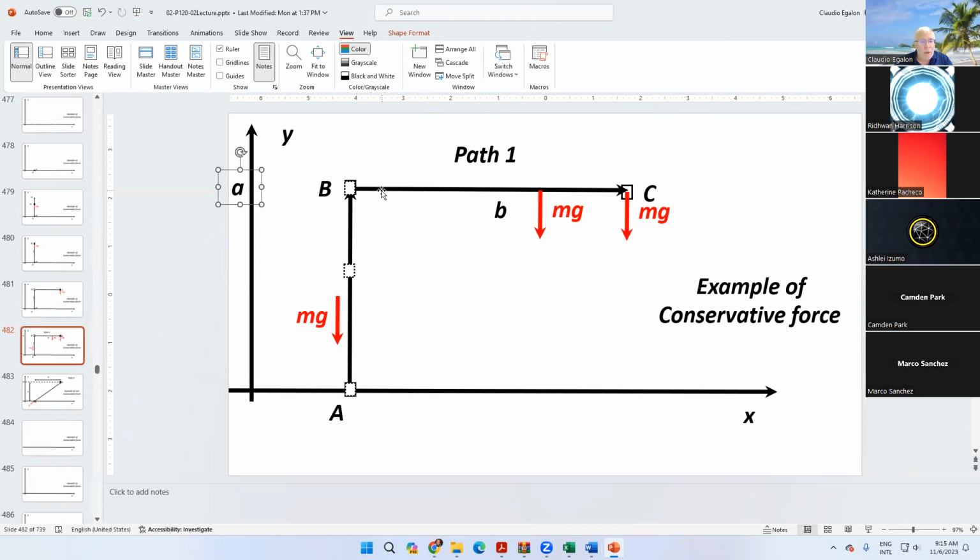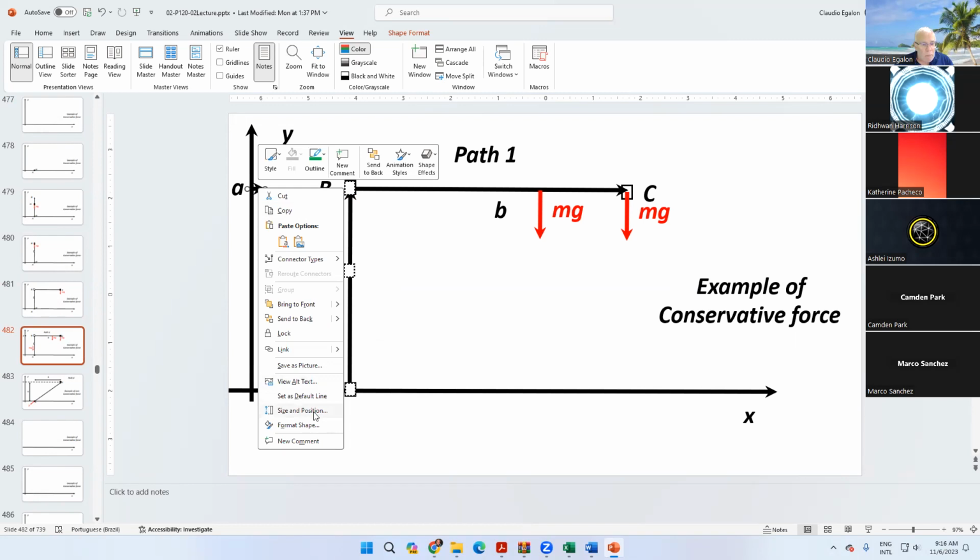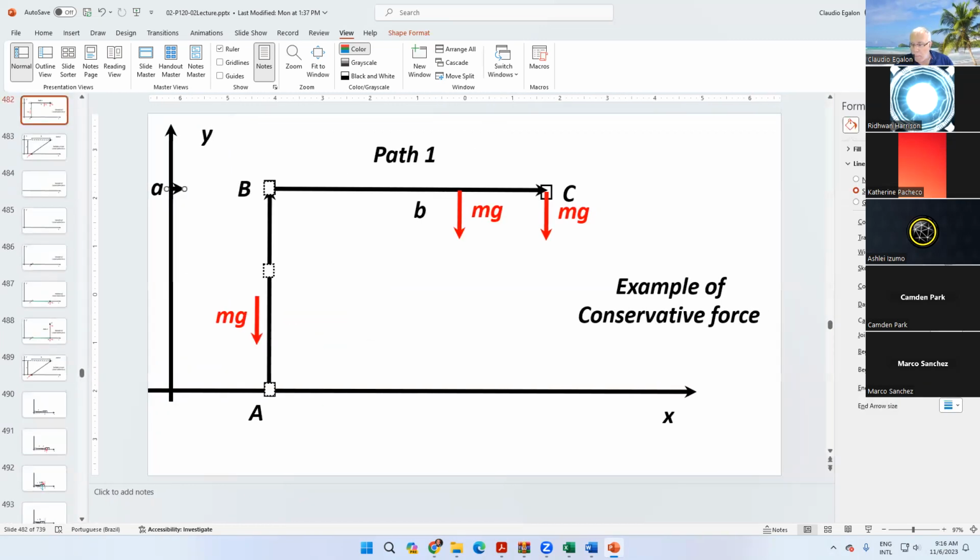A is going to be this one here. And this distance here, I'll call B.